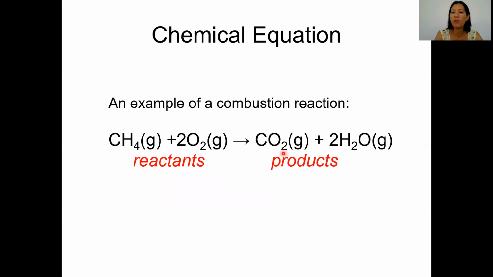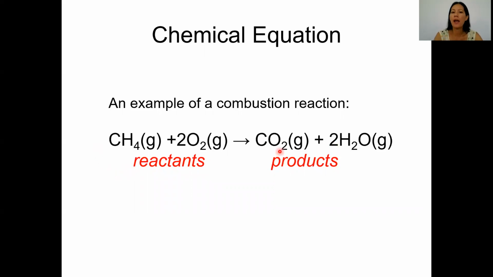I can go, oh, for every 1 mole of CO2 produced, it must have come from so many moles of the carbon in my formula. Similarly, however many moles of water are produced, you can convert that to the amount of H, and that had to have come from the H in the formula.